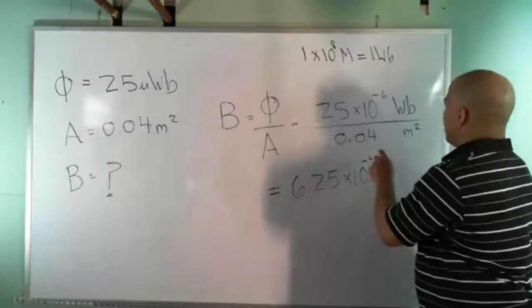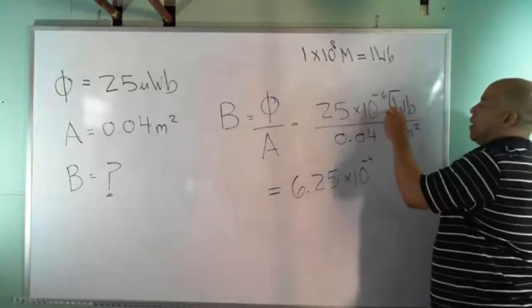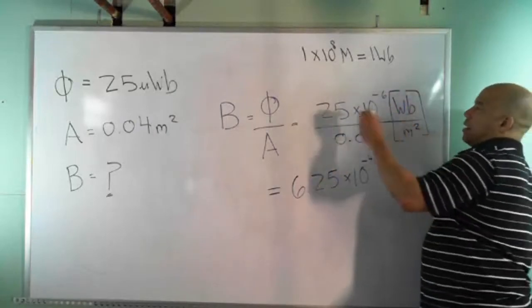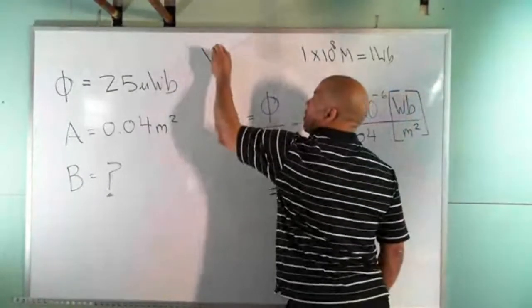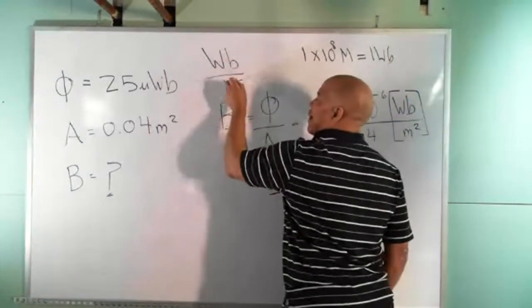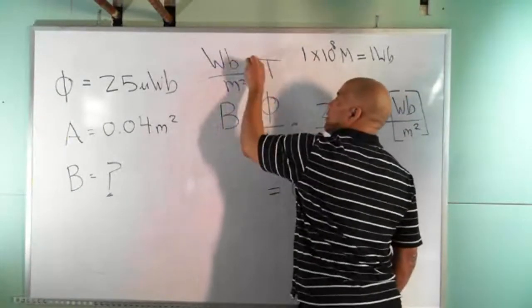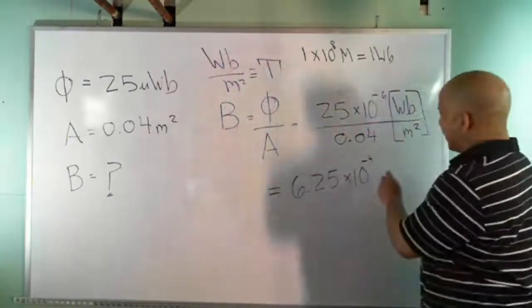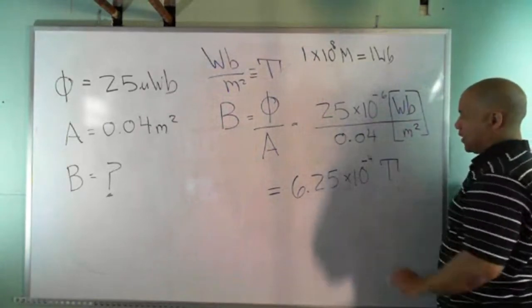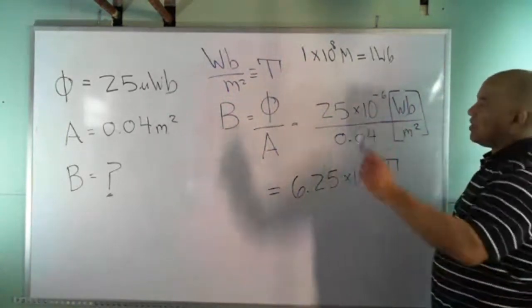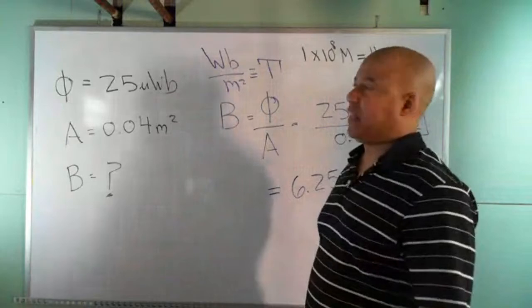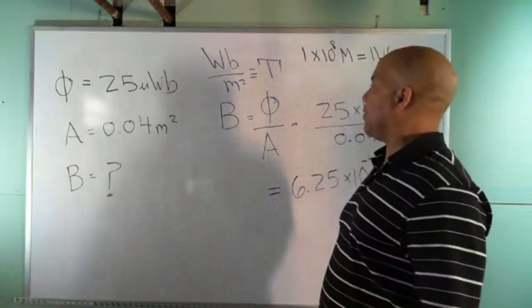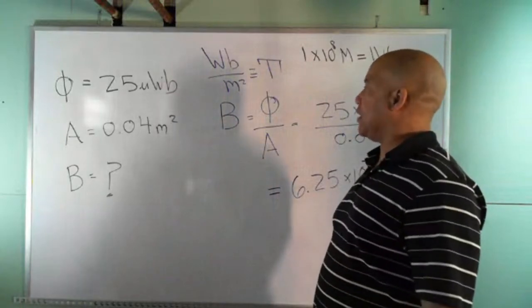All right, so notice my units are already in Weber per meter squared, and we said that a Weber per meter squared, that's a Tesla. So it's already in Tesla units. And that's the answer. So these are really trivial calculations. I mean, you got the equation, you got the number, you put it in, and your calculator does the work.